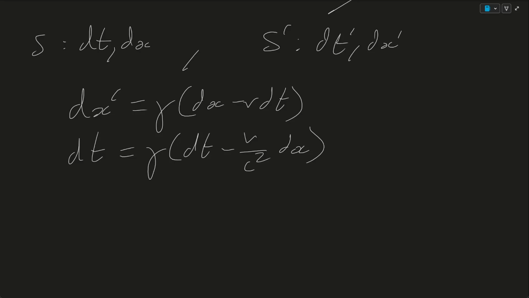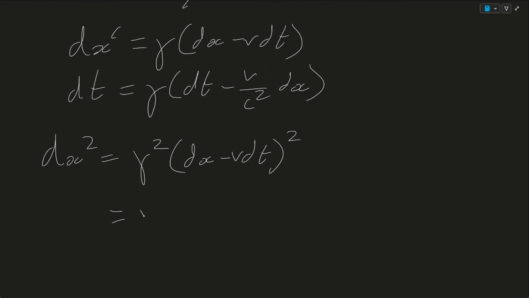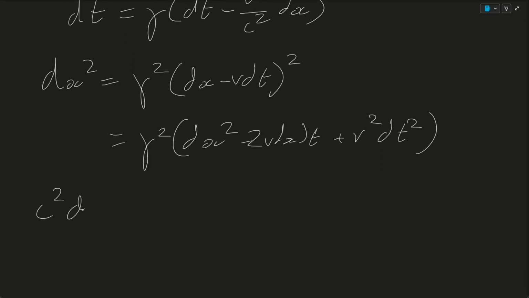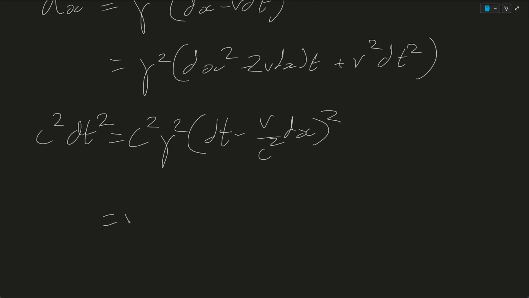So we'll do dx dash squared first. That's going to be gamma squared times (dx minus v dt) squared, and I'm going to expand it for the love of the game: dx squared minus 2v dx dt plus v squared dt squared. And then c squared dt dash squared, which is the other term, is going to be c squared gamma squared times (dt minus v over c squared dx) squared, which is gamma squared.